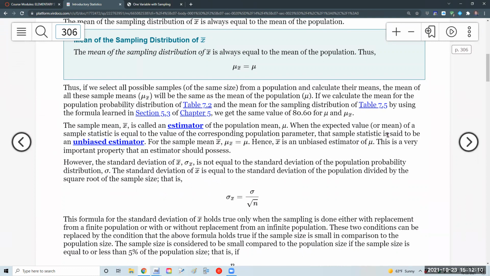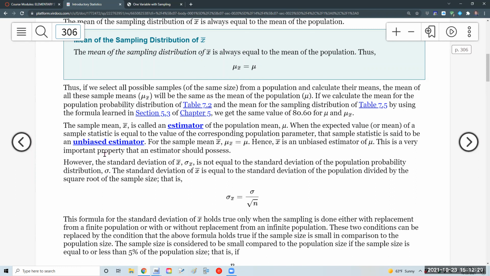When the expected value or mean of a sample statistic is equal to the value of the corresponding population parameter, as it is here for the sampling distribution of X bar, then we say that the sample statistic is called an unbiased estimator.